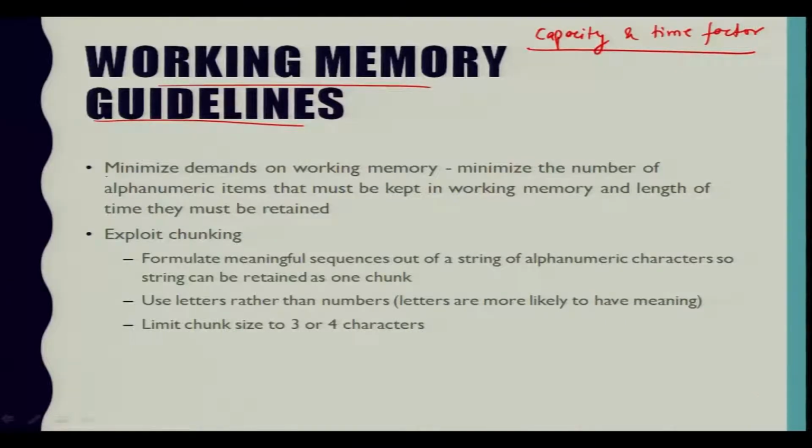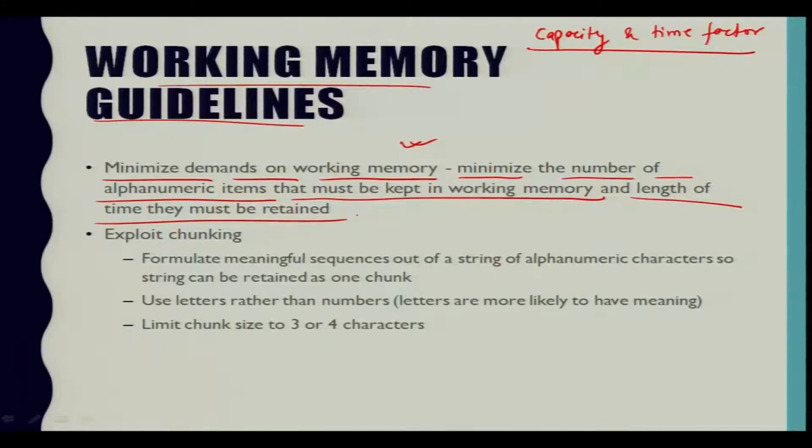In that context, the first guideline is to minimize demands on working memory. This is a common rule: we have to design the mental workload so as to minimize the number of alphanumeric items that must be kept in working memory, and the length of time they must be retained.